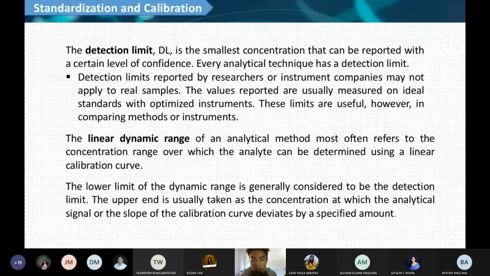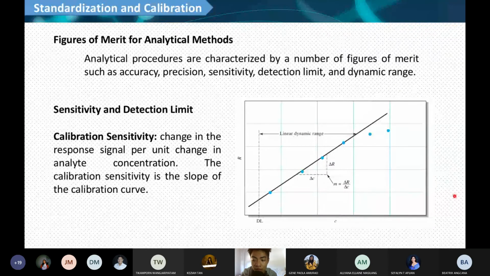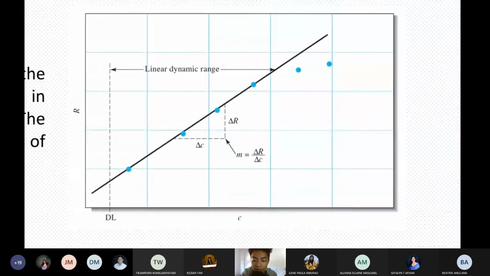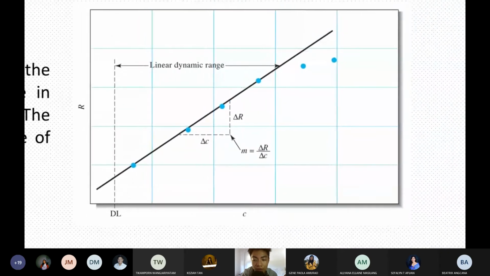The detection limit is the smallest concentration that can be read by your instrument, and it is equivalent to the standard deviation of your curve. The standard deviation of the curve can be obtained using some statistical tools. After determining the standard deviation, you will let that standard deviation be equal to your detection limit.